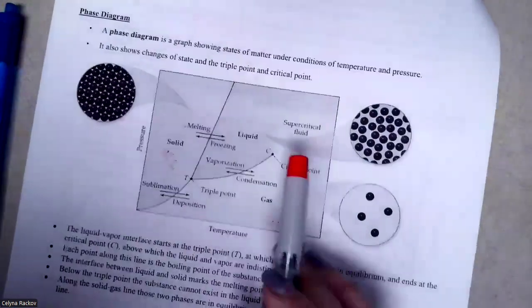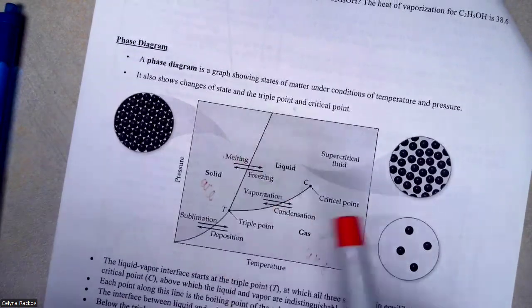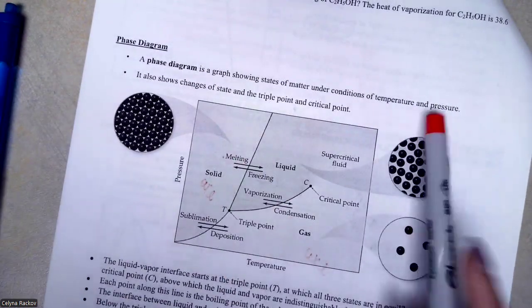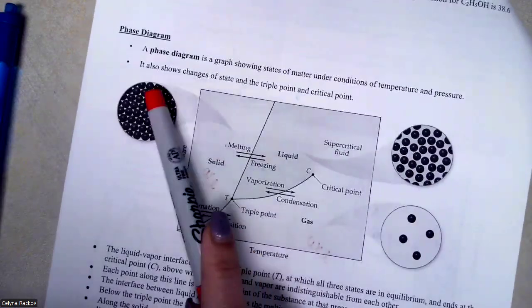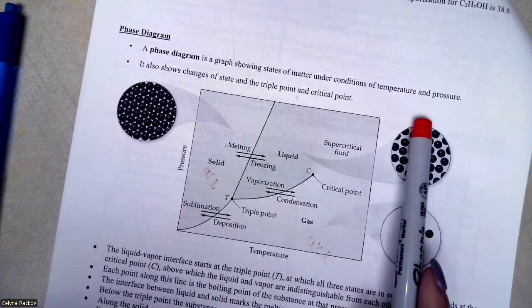Right, and then the phase diagram here. A phase diagram is a graph showing states of matter on conditions of temperature and pressure. It also shows change of state at the triple point and critical point.